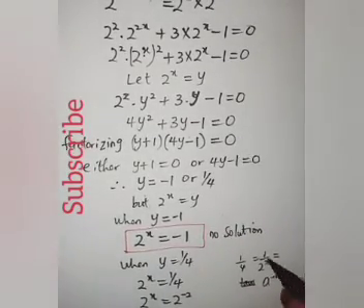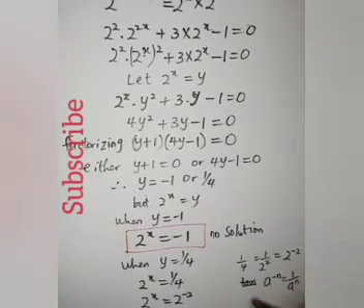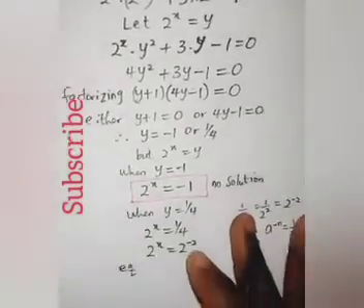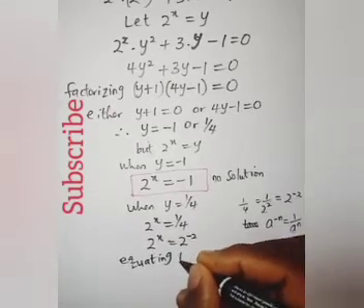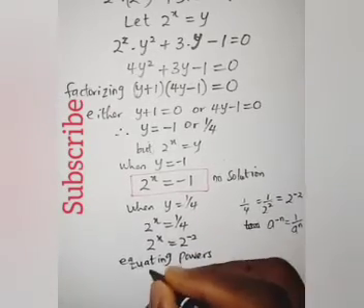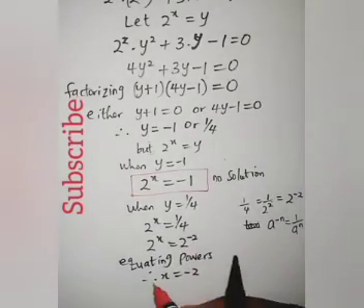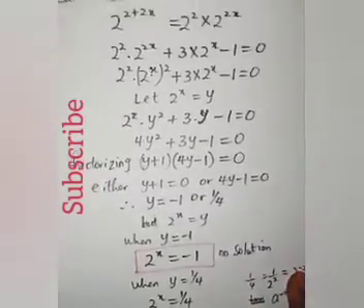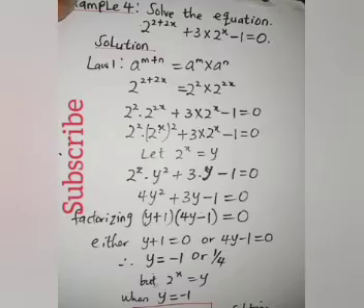So this is already in this form, so I brought it back like this. So equating powers, therefore x is -2. So the original equation has just one solution, and the solution is -2.